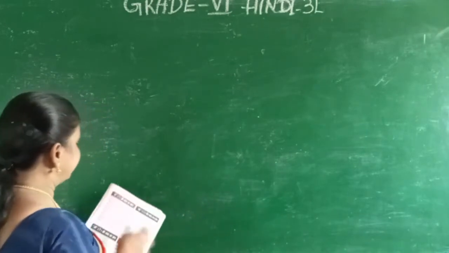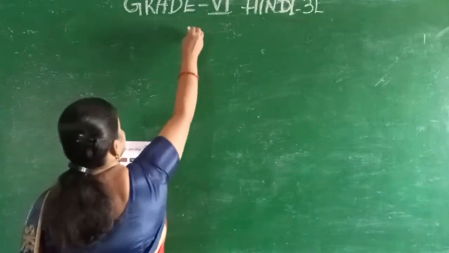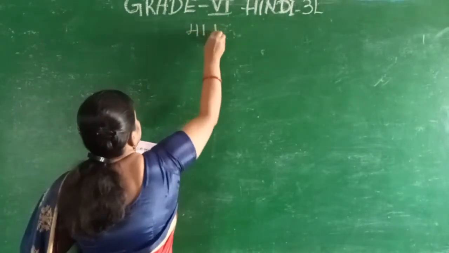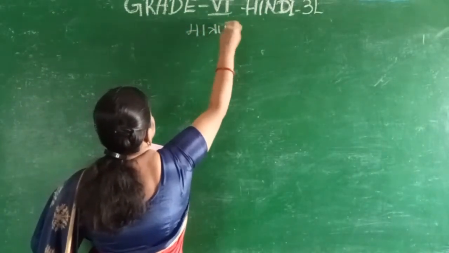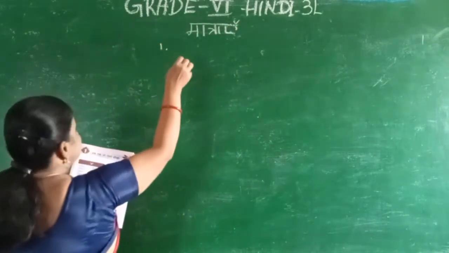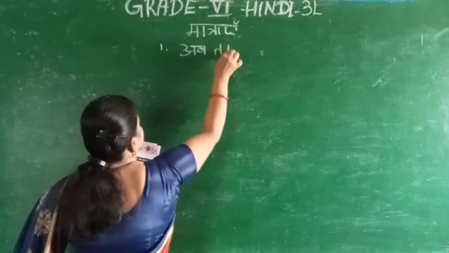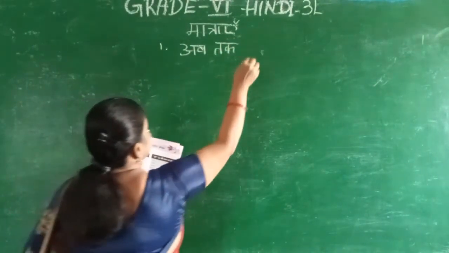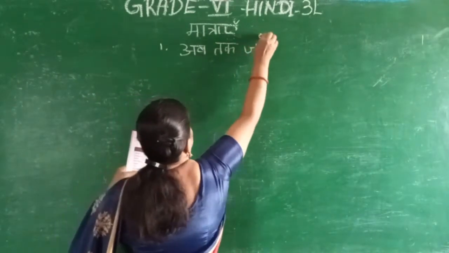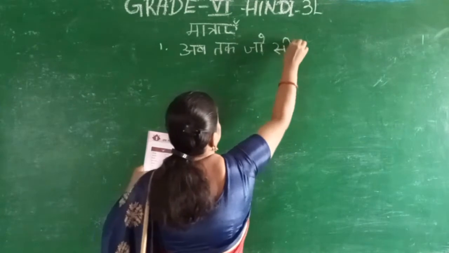First you see this. Matra is the common heading. But in our book, the heading is Ab tak jo tumne seekho.